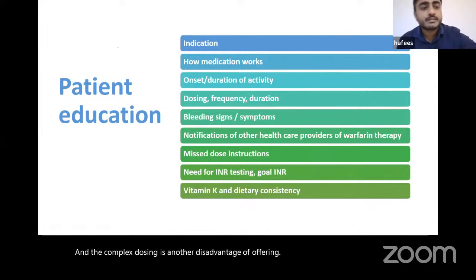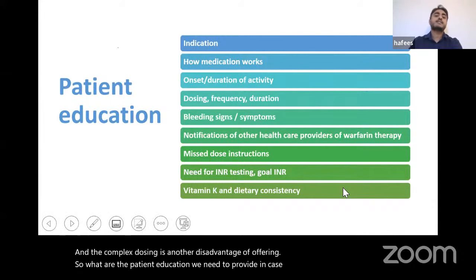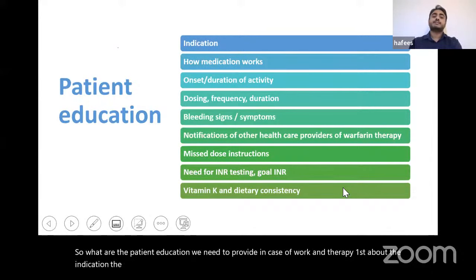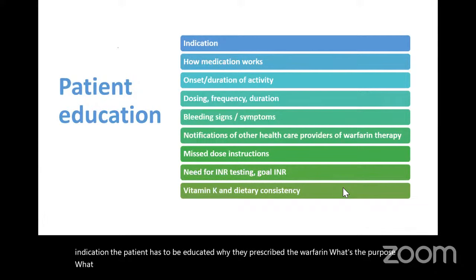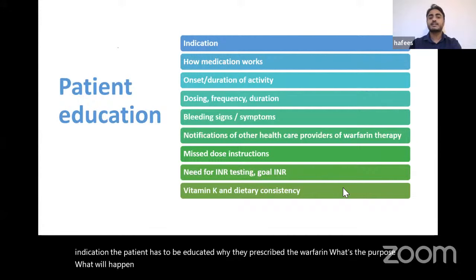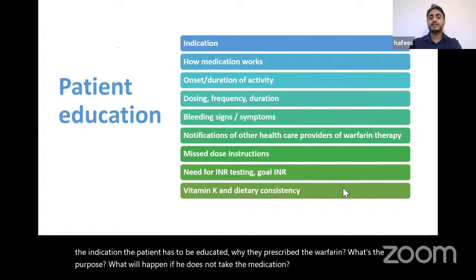So what patient education do we need to provide in case of warfarin therapy? First, about the indication, the patient has to be educated why they prescribe the warfarin, what's the purpose, what will happen if he does not take the medication, and how the medication works.